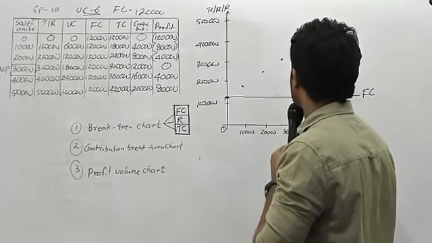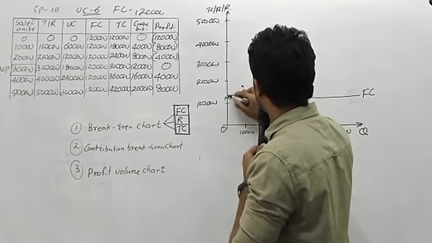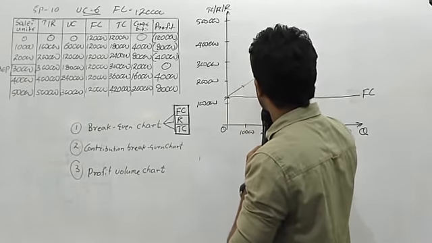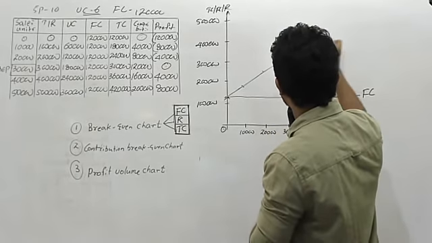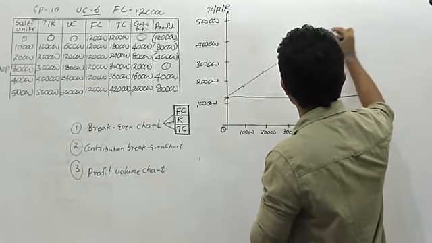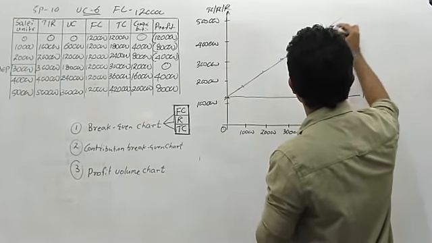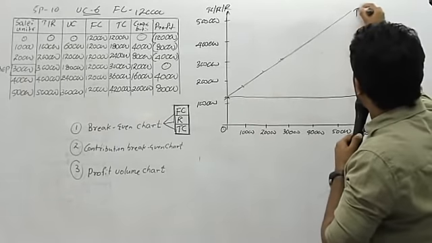Like here. Then, no need to draw all the points. You can drag like this. This is the total cost curve.